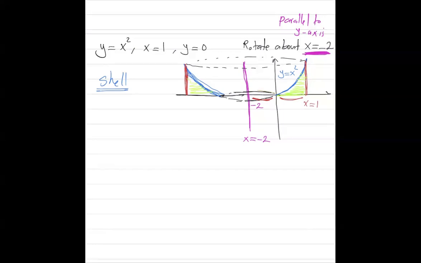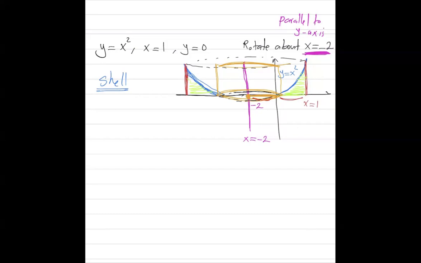cylinder, with base here and the height as it is changing. My cylinder is not very accurate, but I want you to get the general idea of what's going on for our cylinder. The cylinder has a base which is located on the x-axis, but the center is not exactly at 0. The center is shifted to negative 2, right?